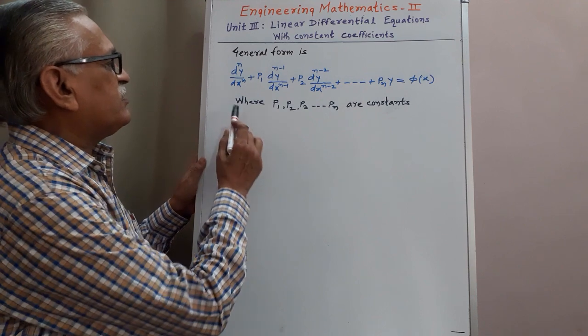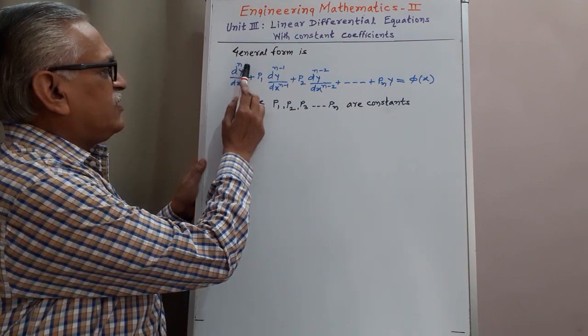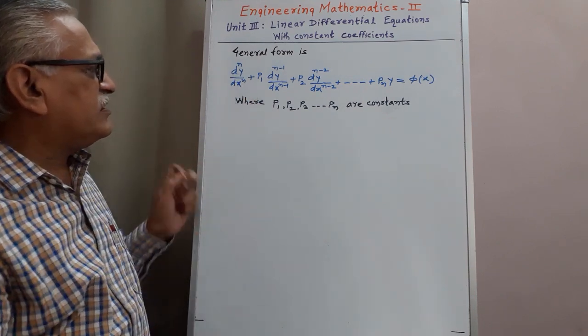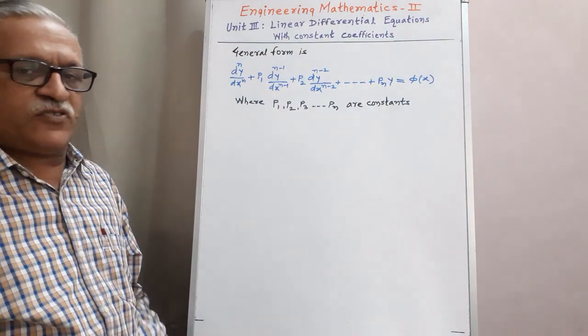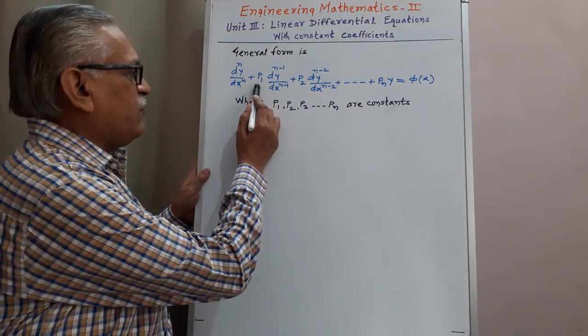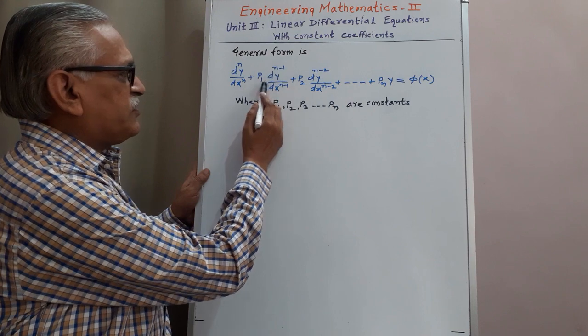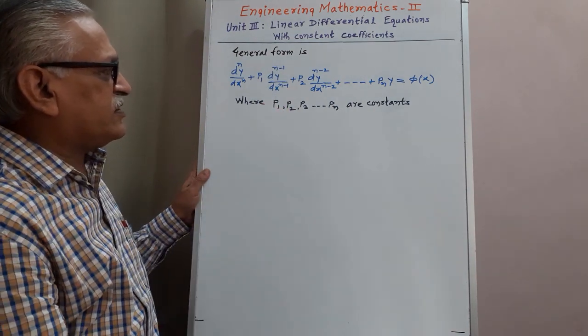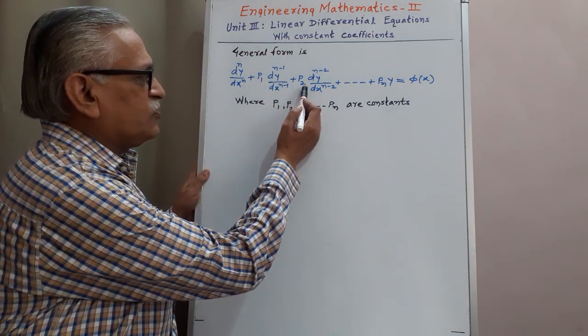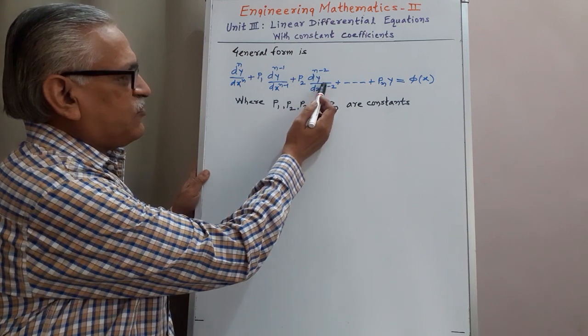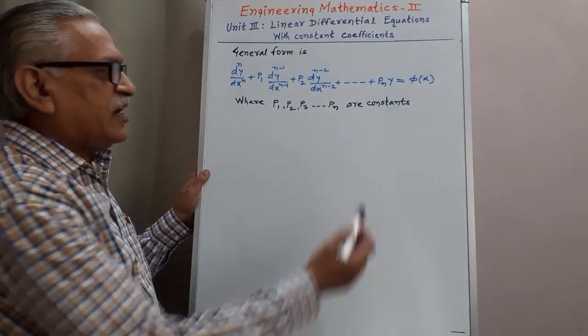Its general form is: the nth derivative of y with respect to x, d^n y/dx^n, plus p1 times the (n minus 1)th derivative of y with respect to x, plus p2 times the (n minus 2)th derivative of y with respect to x, and so on.